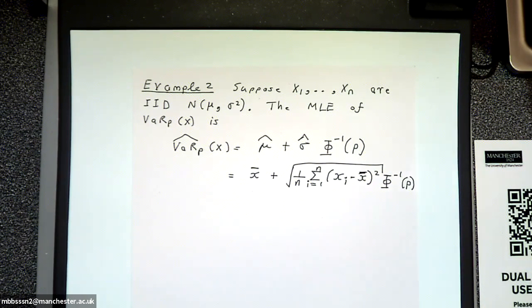Now this estimator is asymptotically unbiased, which means that the bias approaches zero as n goes to infinity, and consistent, which means that the limit of the MSE is zero.